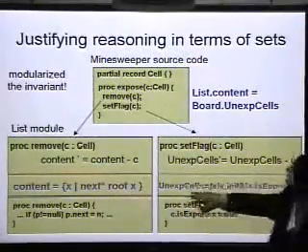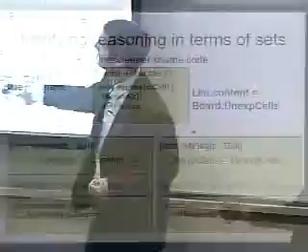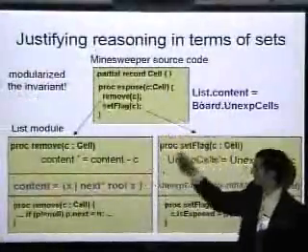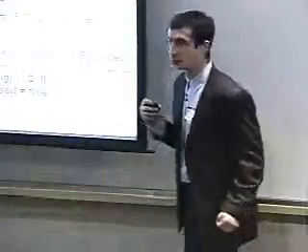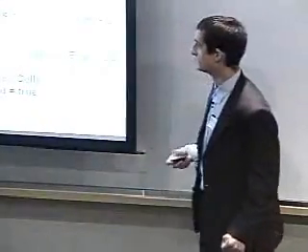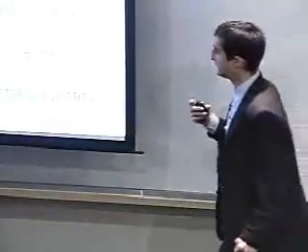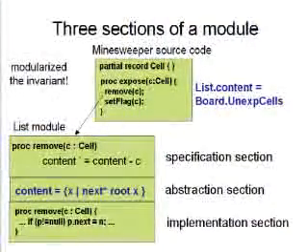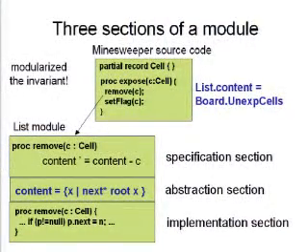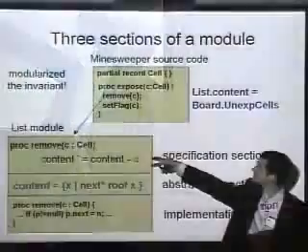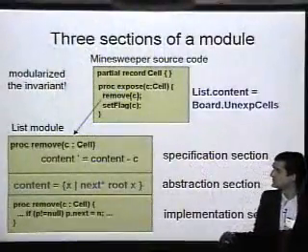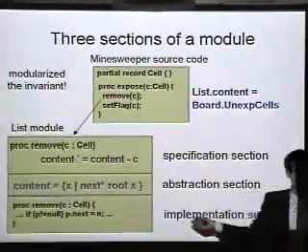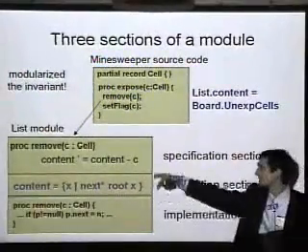So if you take these two together, we get what we wanted to check initially, and we have essentially modularized this high-level invariant by putting its parts into appropriate modules. So what that means is that in our system we have the implementation section of each module, an abstraction section of each module, and a specification section. Specification is used when reasoning about the module from outside, implementation is what actually executes, and then the abstraction section connects the two.